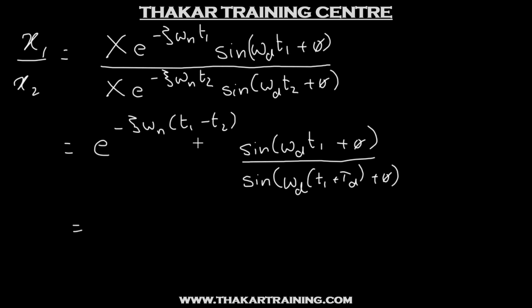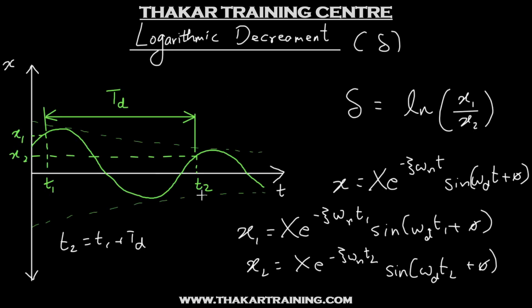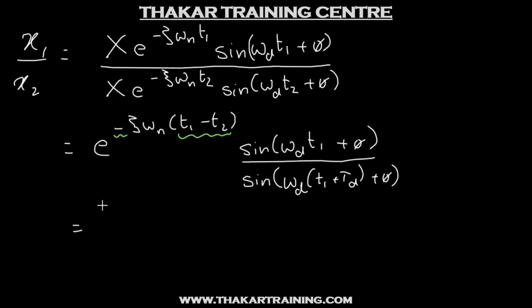So what we'll have is sine of omega d into t1 plus td plus phi. Okay, so now a couple of simplifications are going to happen. First is this t1 minus t2 with a minus sign. So this is nothing but t2 minus t1. And what is t2 minus t1? T2 minus t1 is nothing but td. So I can write this as e raised to zeta omega n td, and the part I have underlined with green is nothing but td.